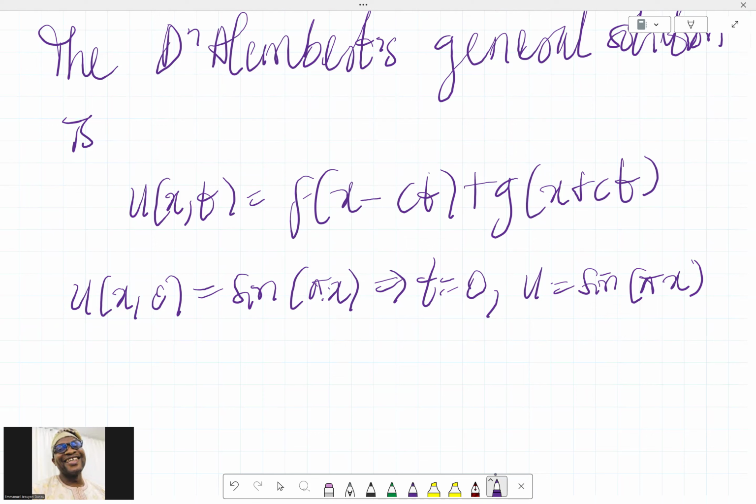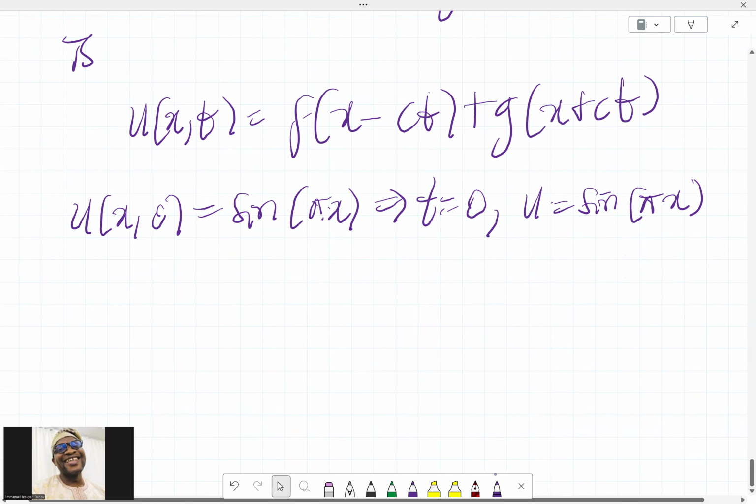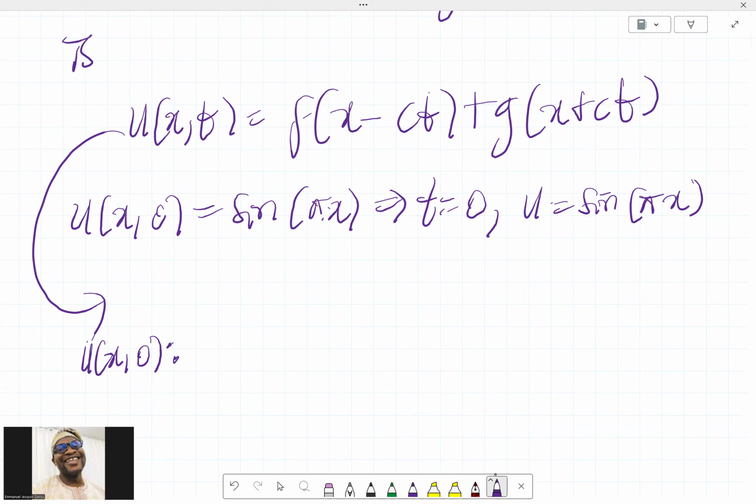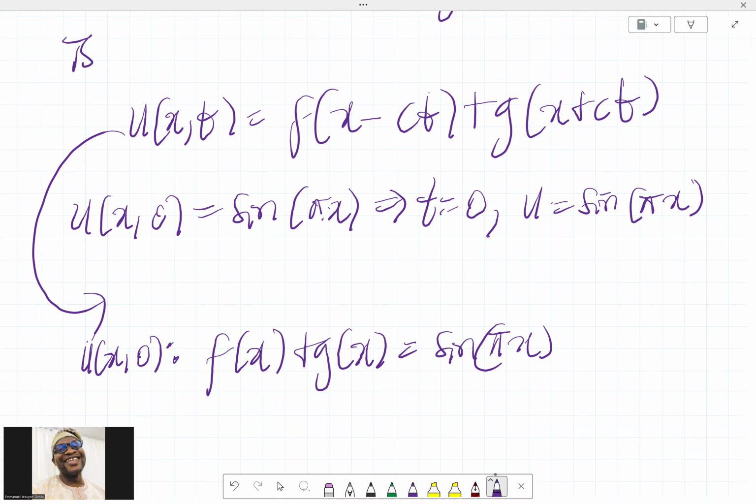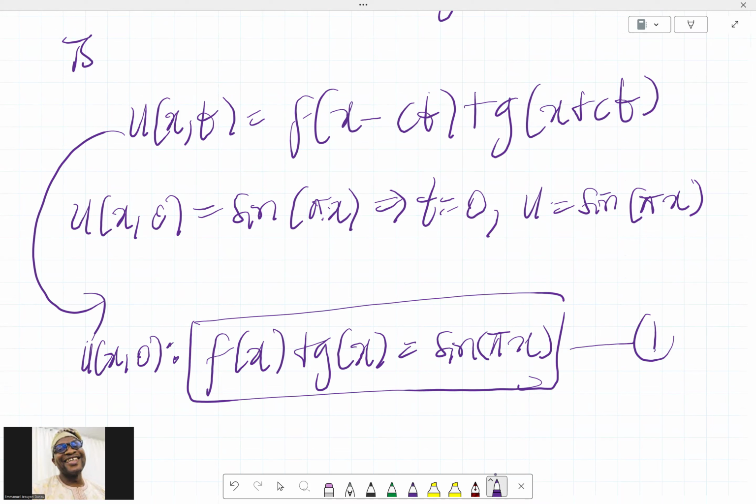If we apply that here, we put 0 for t, so we just have f of x plus g of x equals sine pi x. We have this as our equation 1.